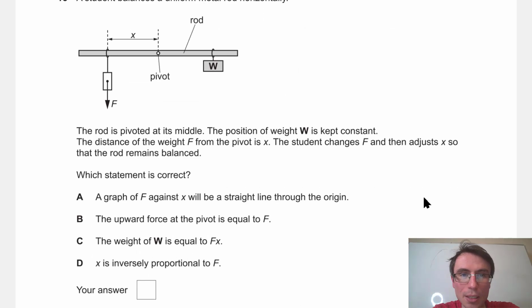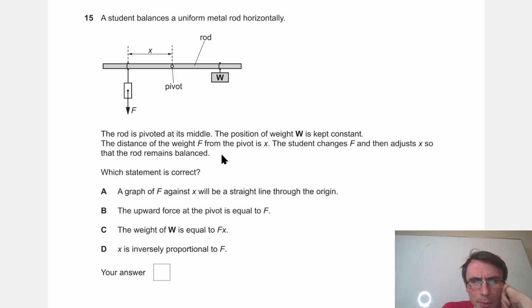Question 15. A student balances a uniform metal rod horizontally. Here is the setup. The rod is pivoted at its middle. The position of the weight W is kept constant. The distance of the force F from the pivot is x. The student changes F and then adjusts x so that the rod remains balanced.